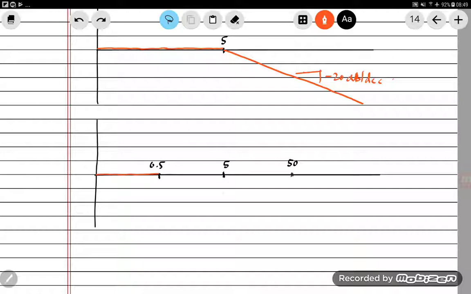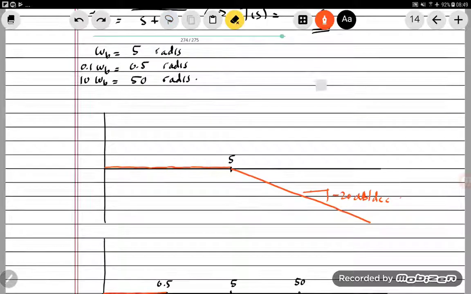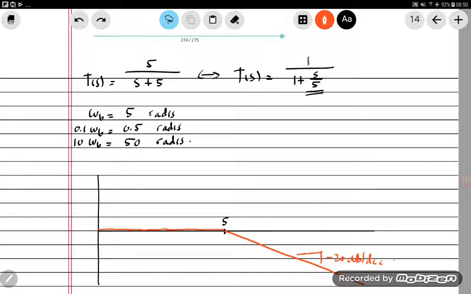At the break frequency, the phase is negative 45 degrees. And at 10 times the break frequency, the phase is negative 90 degrees, and we can connect those two points. That completes the magnitude and phase plot of that transfer function, where our transfer function was 5 over s plus 5.